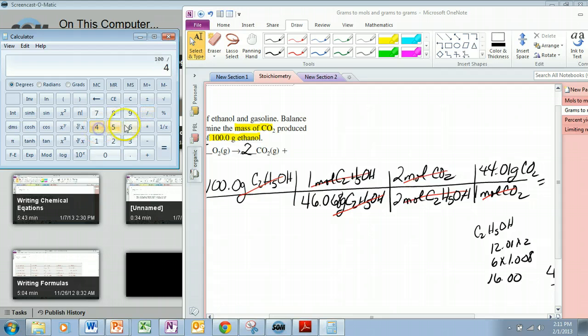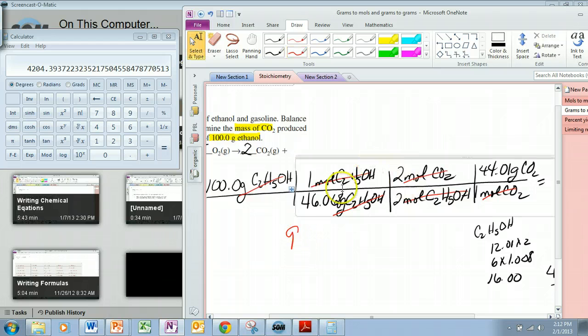Divided by 46.068. And then I would multiply and divide by 2. So if you don't want to put that in the calculator, that's fine. I'm going to go ahead and do it. Divide by 2 times 2. And then anything above the line, we would multiply by. Anything below it, we would divide by.